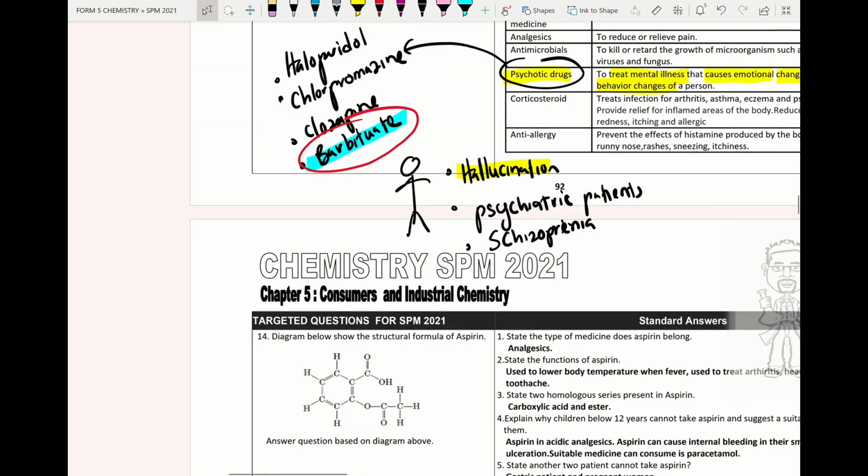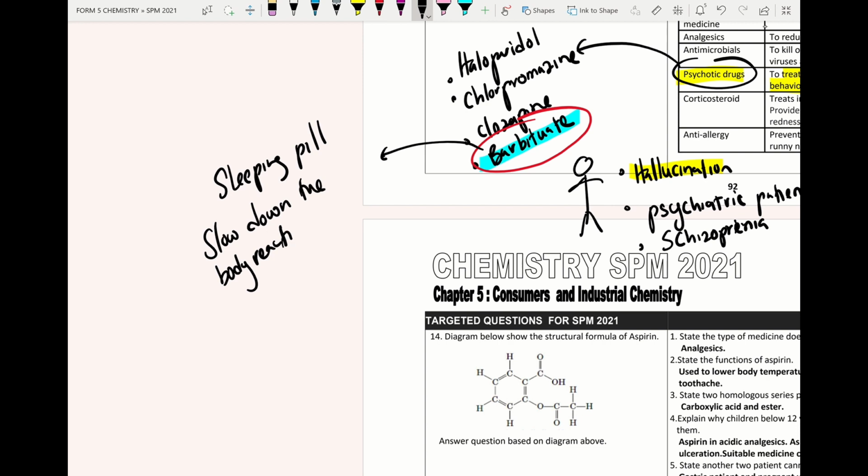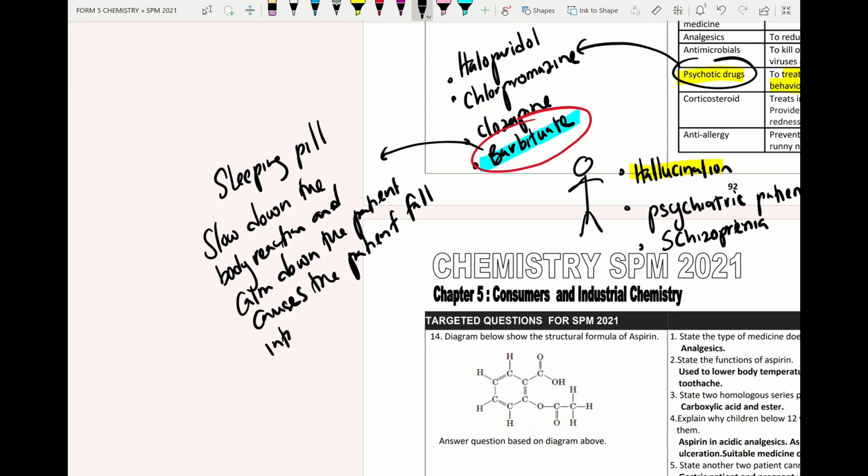So remember the function of barbiturate. The function of barbiturate is as a sleeping pill, and it will slow down the body reaction, all the reactions in the body, and calm down the patient, causing the patient to fall into sleep.